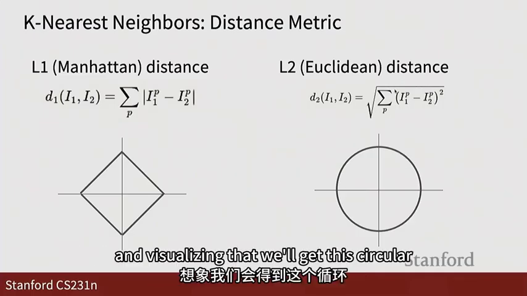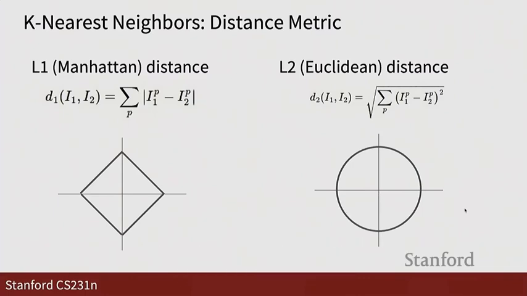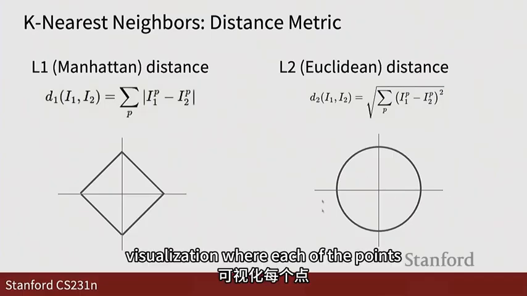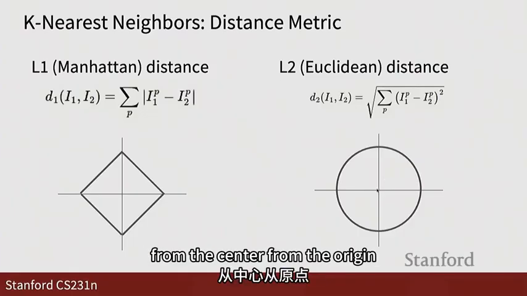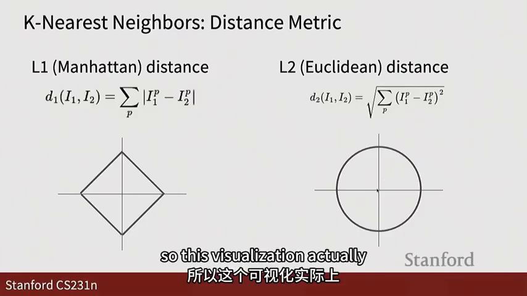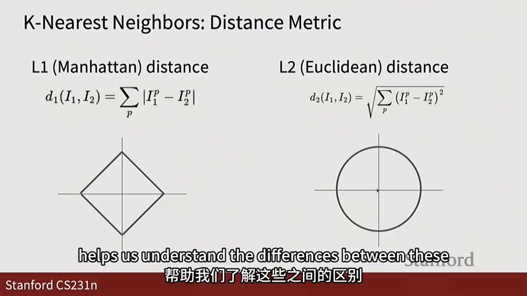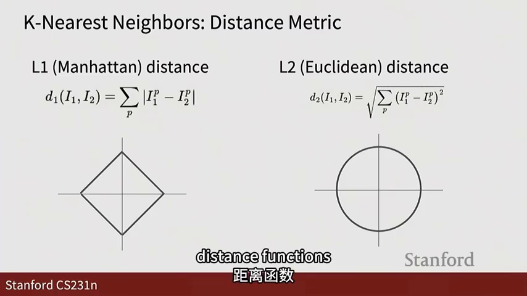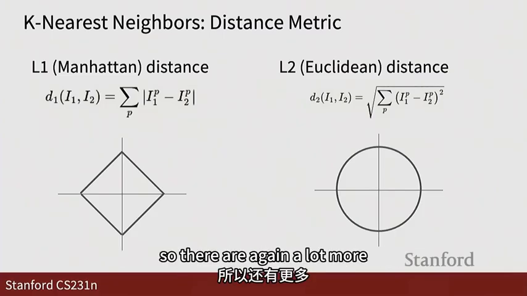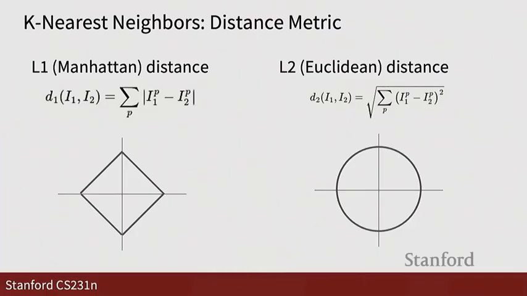And visualizing that, we'll get this circle visualization where each of the points on the circle have the same distance from the center, from the origin. So this visualization actually helps us understand the differences between these distances too, and these are the most basic and easiest distance functions that we can use. So there are, again, a lot more.